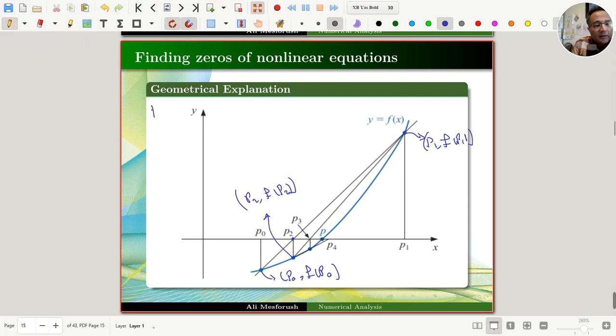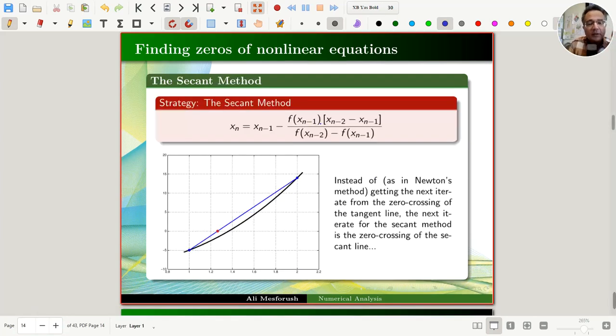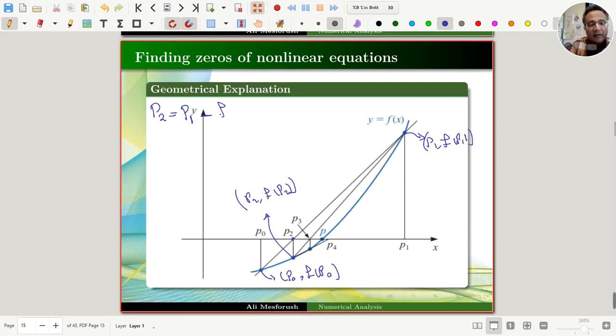Here, in fact, we use this one: p2 equals p1 minus f(p1) times (p1 minus p0) over f(p1) minus f(p0). p2 will be here.